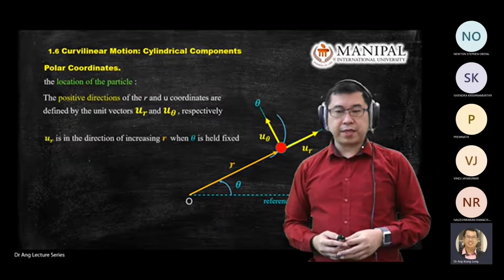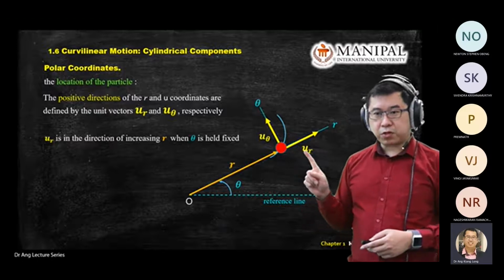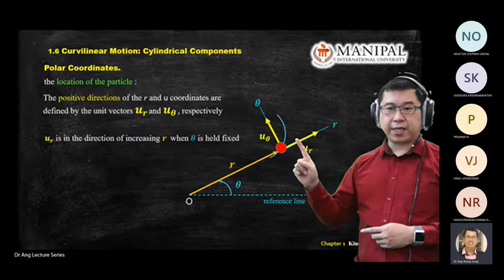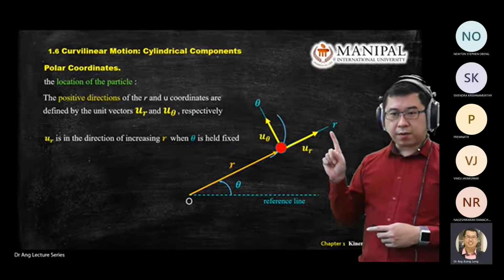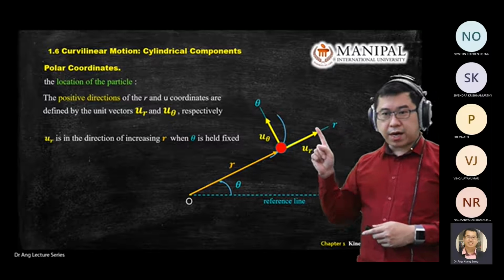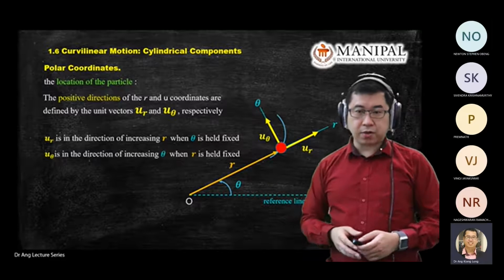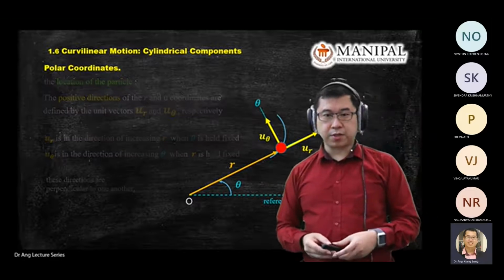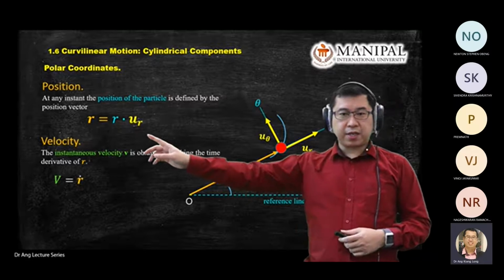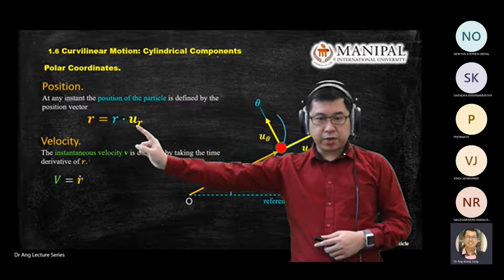You also define the direction of your vector. We use UR and U theta. We did explain how we relate these two vectors on the R and theta axis. So if you're not sure, go back to the previous lecture video. We have come up with the vector equation R and UR, which is the magnitude and direction.